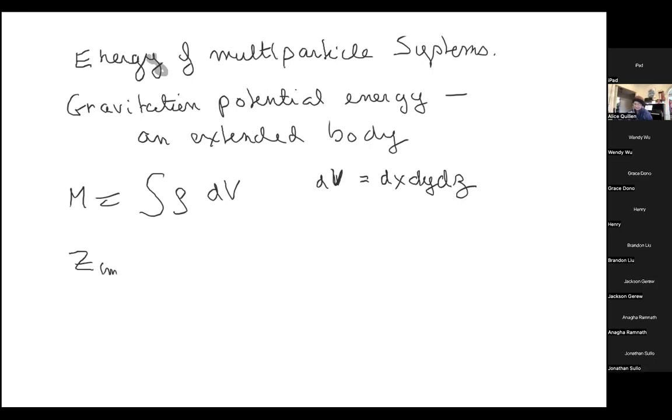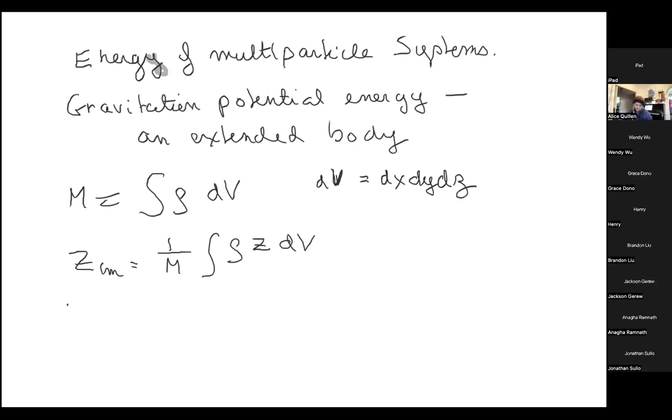So let's recall what the z component of the center of mass looks like: the integral of rho z dV. You integrate up the mass distribution multiplied by z, and then you divide by M so that it's in units of distance.